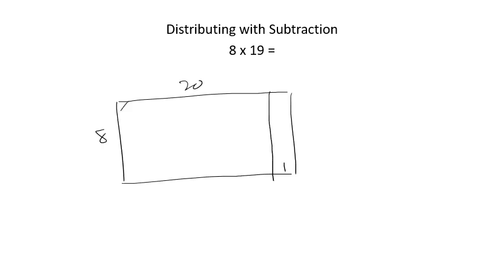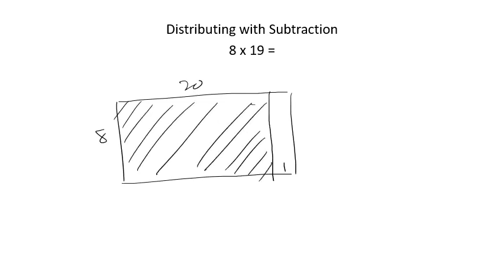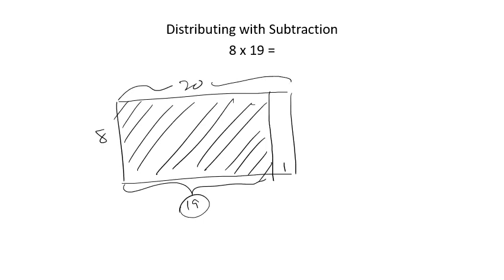And so what we're looking for is this area in here, because this would be not my 19. This full is my 20, and this is my 1 in here. So I've split this 20 into 19 and 1.